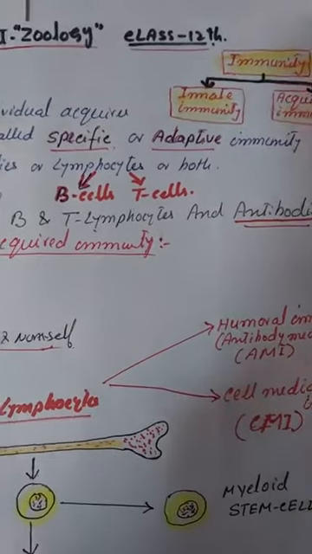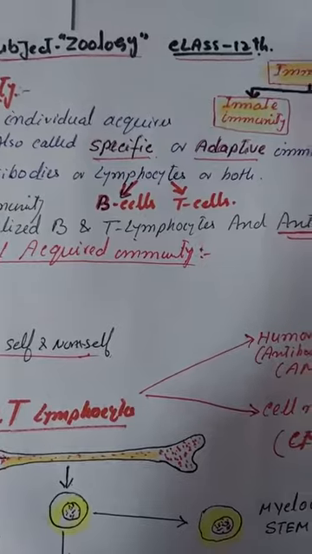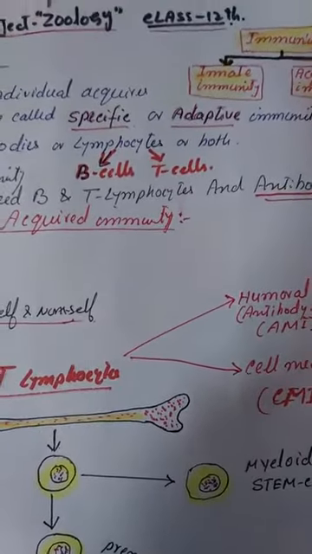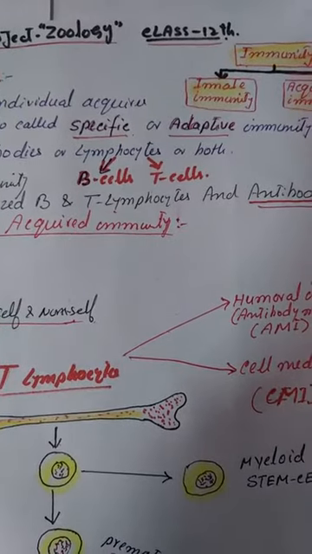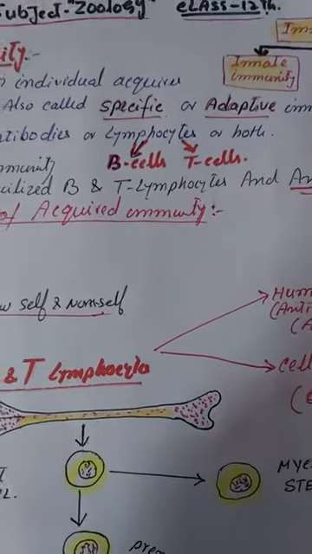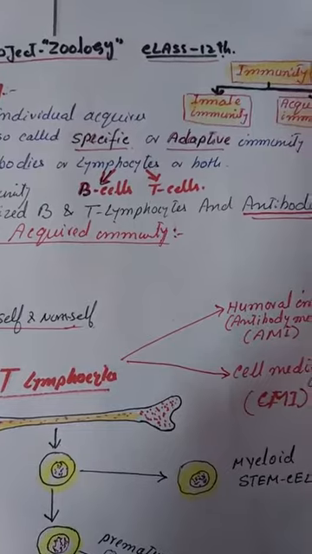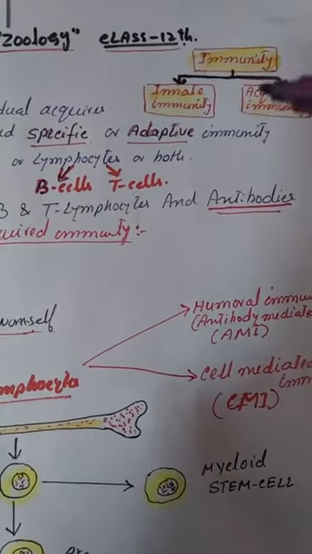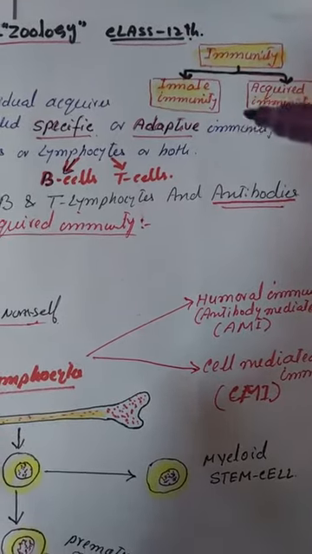These antibodies are basically specialized proteins produced in the body in response to an antigen that circulate in the body fluids like blood plasma or lymph. We will discuss these antibodies in detail in our next topic.